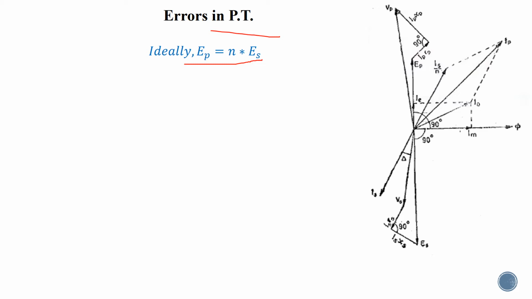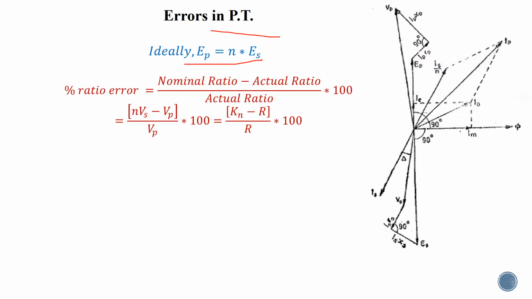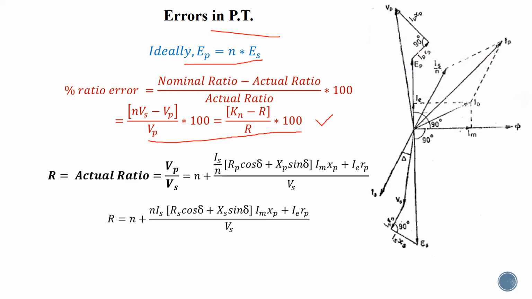As already defined, the ratio error is the difference of nominal ratio and the actual ratio. You will find two formulas in various books to calculate the ratio error. Here, the parameter R is the actual ratio, also called the transformation ratio.